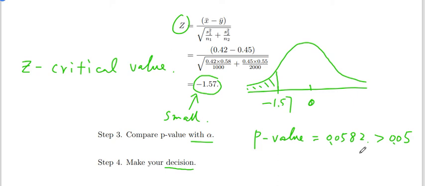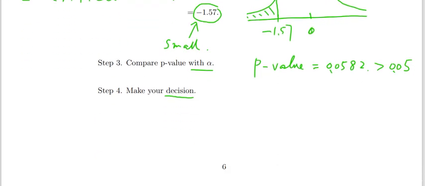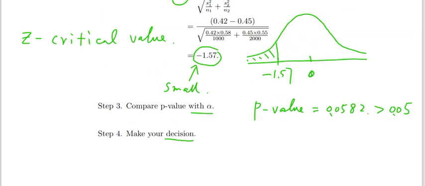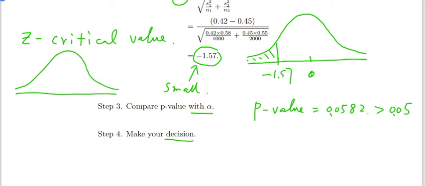Alpha is 0.05, so we need to find the cutoff point such that the tail area is 0.05. This number is the z critical value.